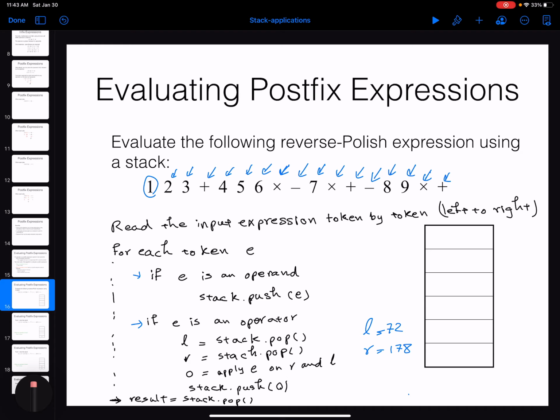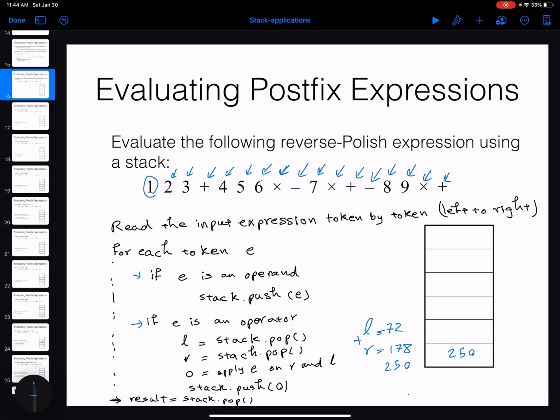We will double check at the end what the result was. Adding these two is going to be 250. I'm not sure it was 250, but anyway, we can double check here.